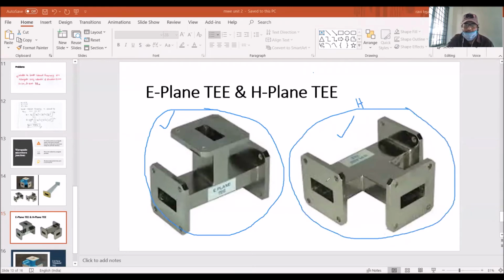One microwave junction is used for the electric field and another for the magnetic field. What changes they make when an electric field and magnetic field enter the microwave junctions, we will see in the next class.